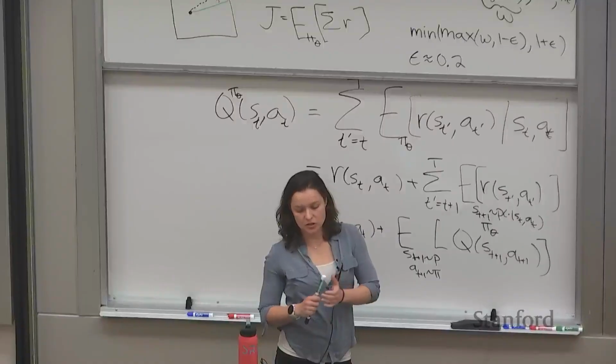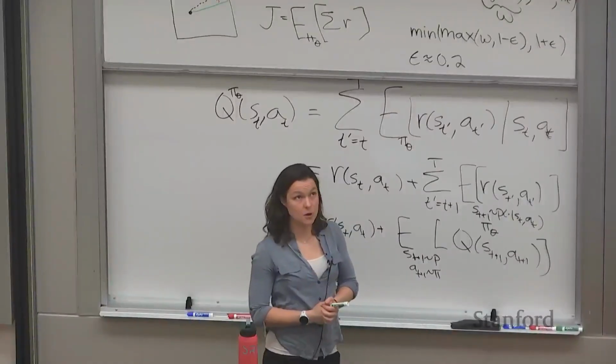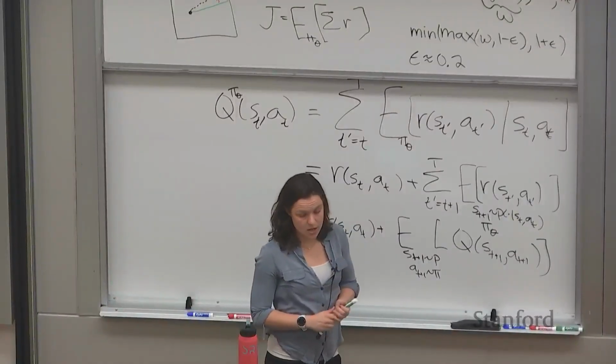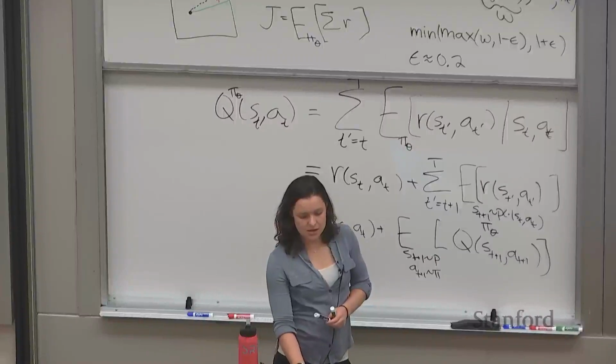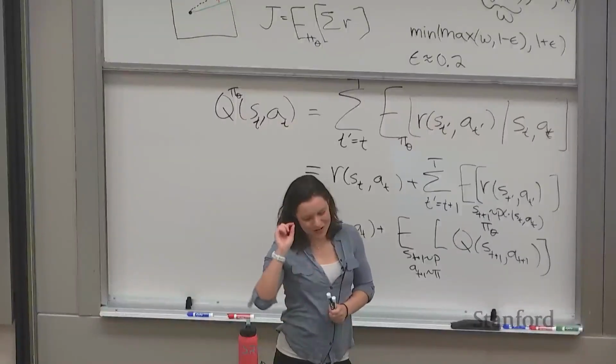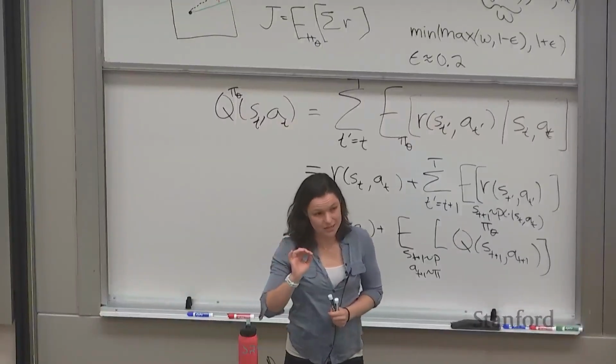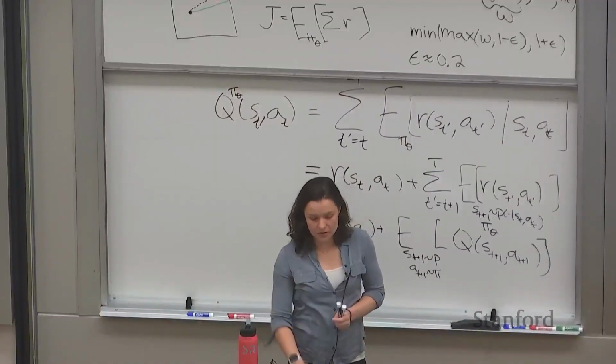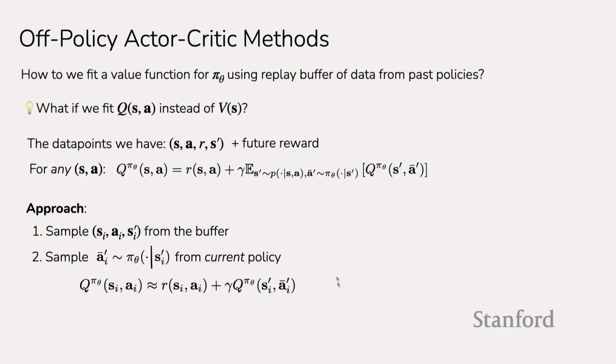So yeah, good question. The question was, does this require that we see data from all possible state action pairs? There's a very good insight there. We don't actually need to see data from all state action pairs, but for this target to be accurate, we do need data that covers actions similar to what our policy would be taking.